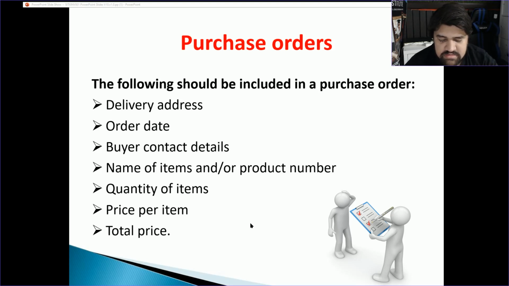Sometimes you purchase per carton, let's say of plasticware or utensils, but they would still sell per item. So even if you have 500 containers, they would say it's 18 cents per container in a box of 500.